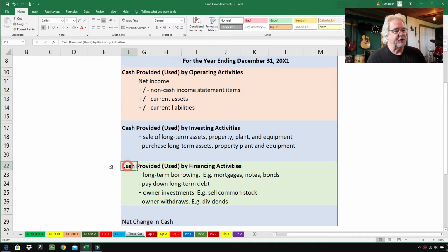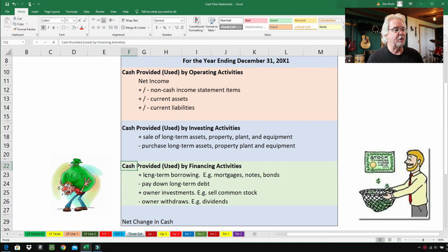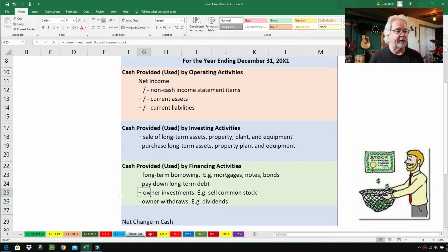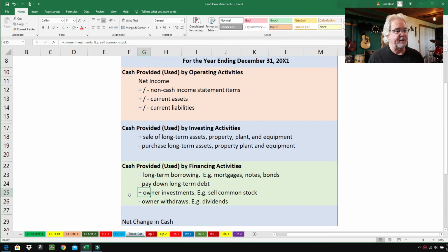And then in the third section, cash provided or used by financing activities. This is where the company is borrowing money on a long-term basis or paying down long-term debt. And also included in this section are any transactions that involve owners. For instance, selling common stock to owners. That brings money in by the sale of common stock, an owner investment.